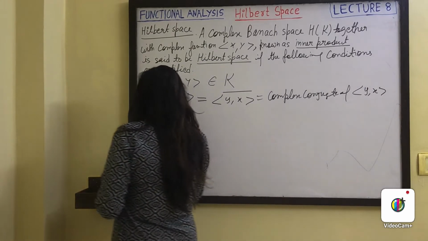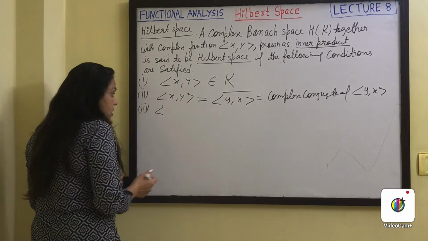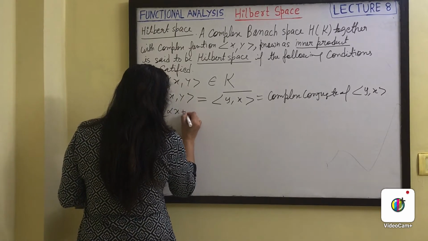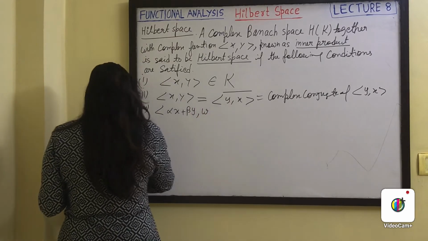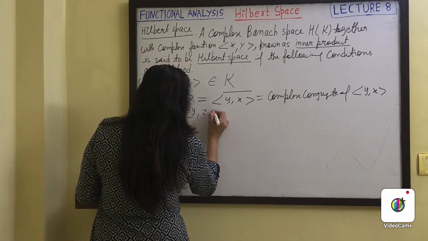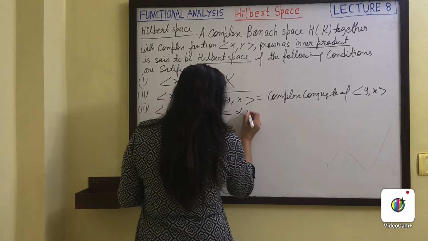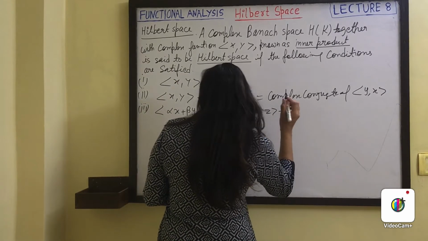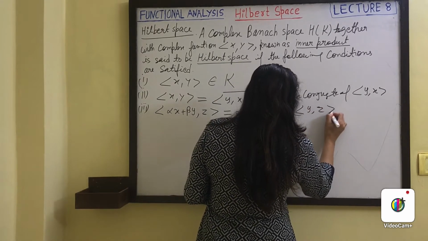The third property, that is distributive property: inner product of alpha x plus beta y comma z, because here we are taking x, y, z, is equal to alpha inner product of x comma z plus beta inner product of y comma z.